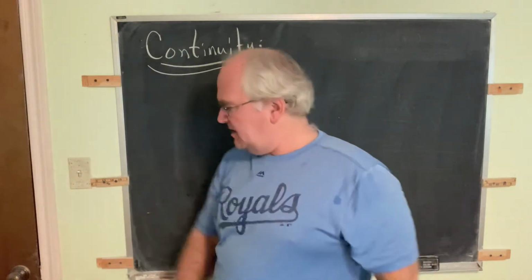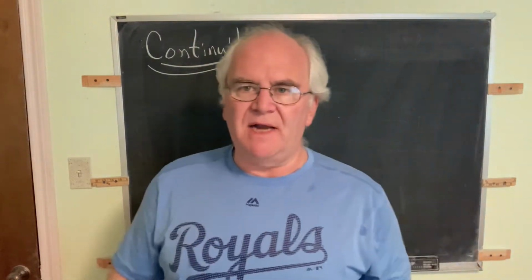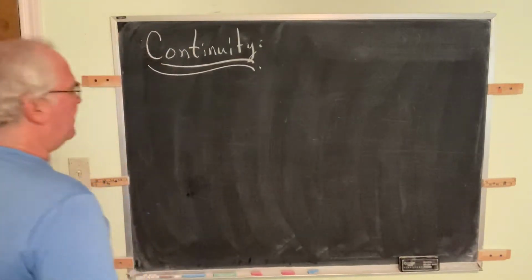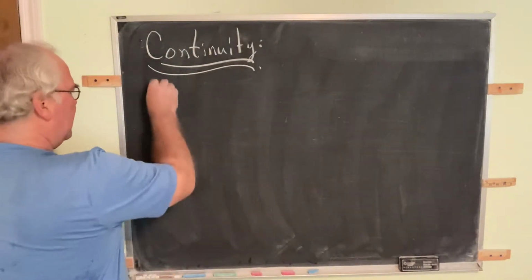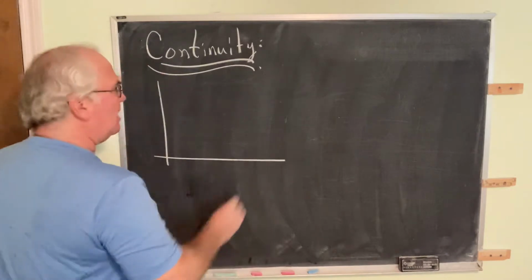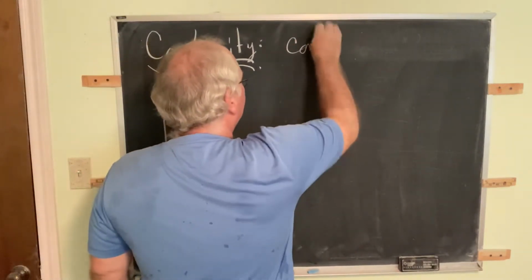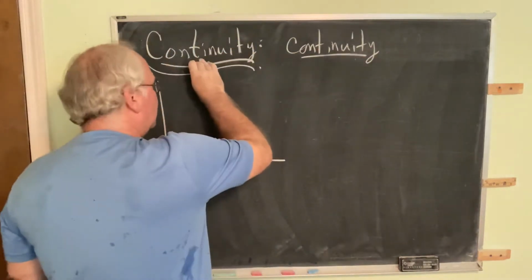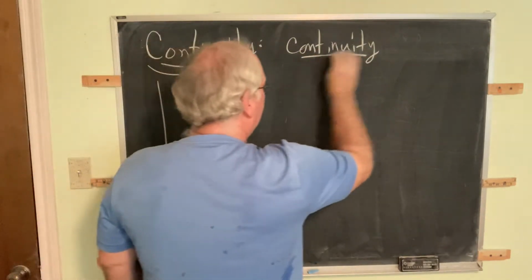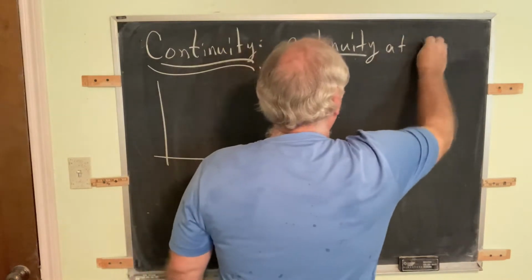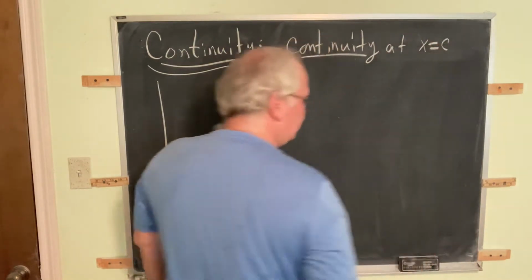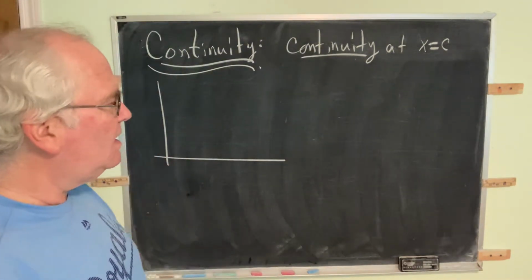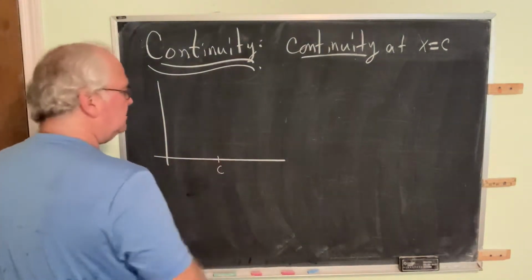Continuity is one of those things where sometimes it's easier to describe something by describing what it is not. And so these are examples of a function that is not continuous. Now we talk about continuity. It is continuous, it has continuity at x equals c. All right, so let's suppose x equals c. So here's c.